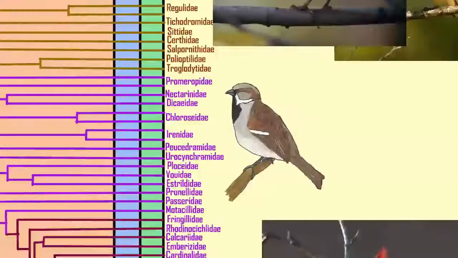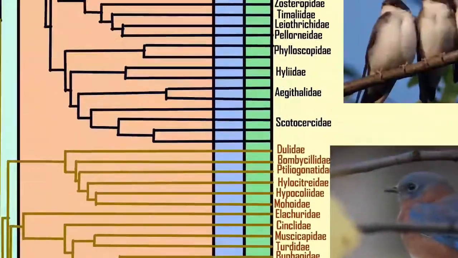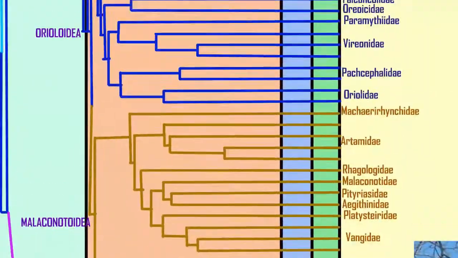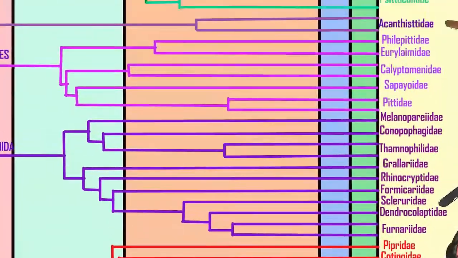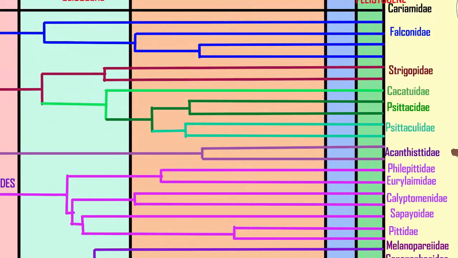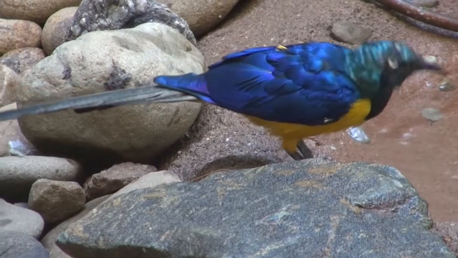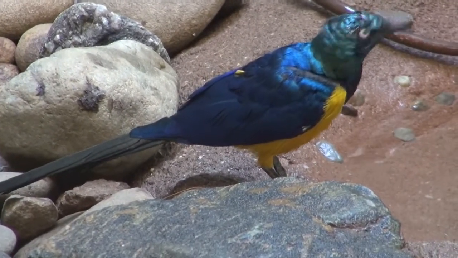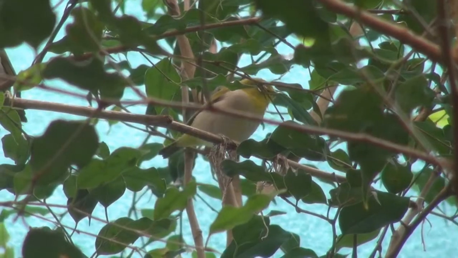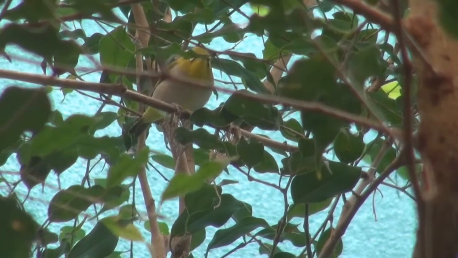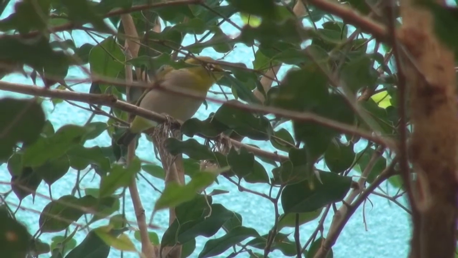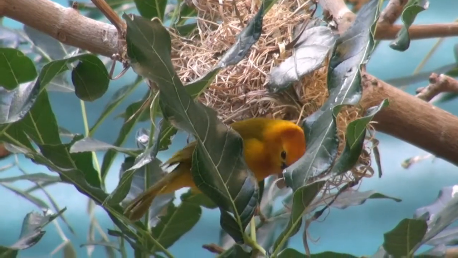Well, they are clearly broken into separate families. And while the classification of these families can change from time to time, how many families, subfamilies, and superfamilies, etc., a bigger question is, how are these families related? What is the larger taxonomic scheme?